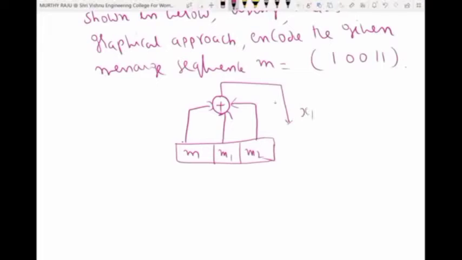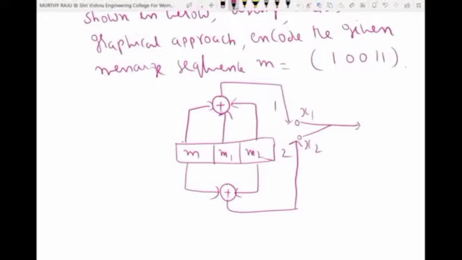This one is X1. Here, the second modulo 2 adder: M is connected, M2 is connected. This one is X2. X is the output of the convolutional encoder.